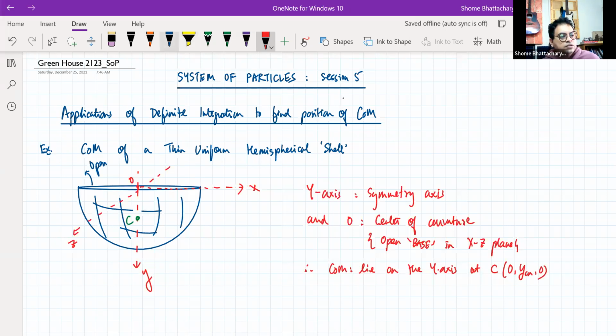So the position of the center of mass we will find by using this integration.